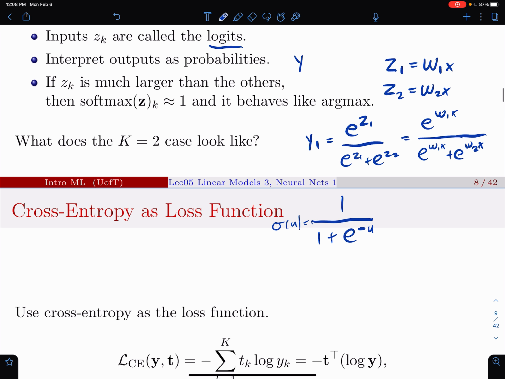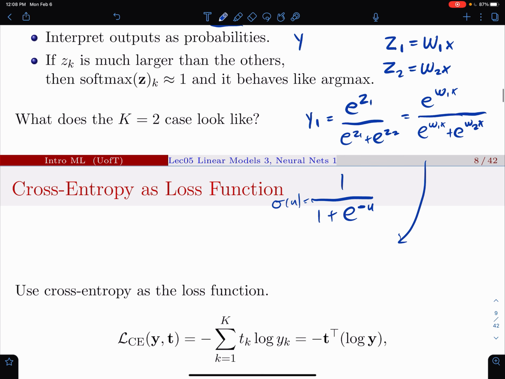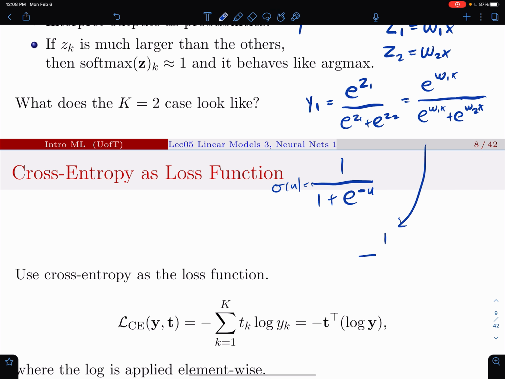So we're going to divide everything by e to the w1x. That's going to leave us with a 1 in the numerator and a 1 here, plus e to the w2x minus w1x. So you can simplify this to e to the (w2 minus w1)x.